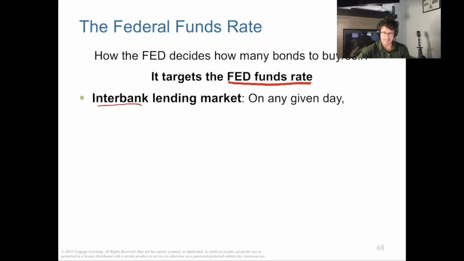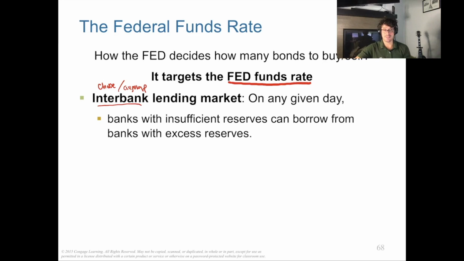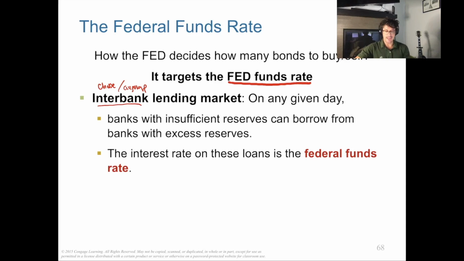The Fed funds rate is just an interbank lending market interest rate. Interbank means basically banks like Chase and Citigroup lend to each other on any given day in this market. For instance, a bank with insufficient reserves can borrow from a bank with excess reserves, and the Fed funds rate is just the interest rate on these loans between banks that need reserves or that are in excess of reserves.